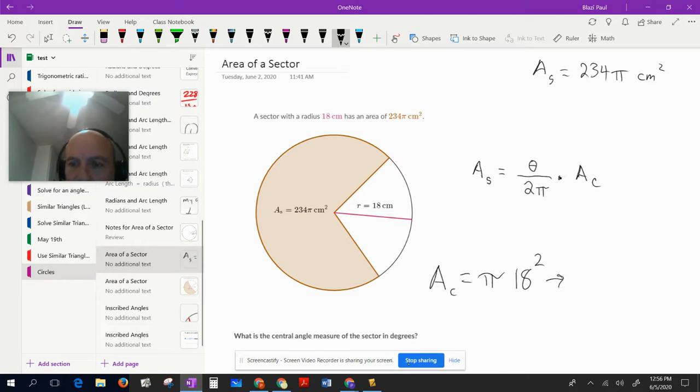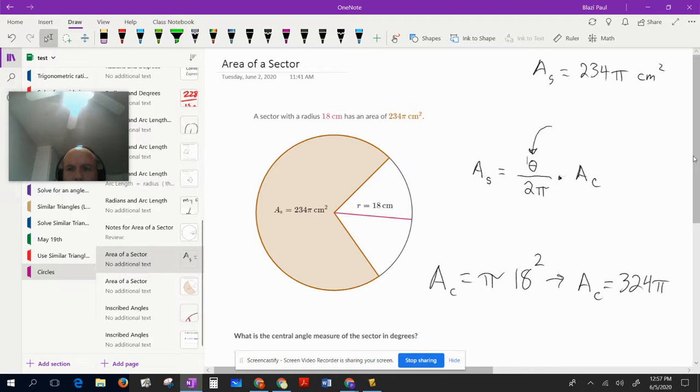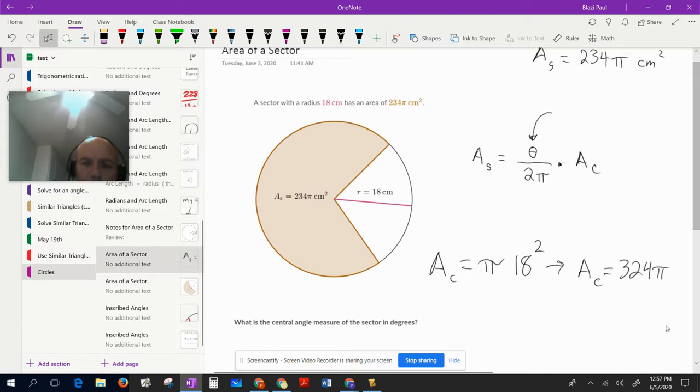I have it memorized. This is just 324 pi. So if I plug these values in, I'm going to be able to solve for what it's asking for. It's asking for the central angle. But you know, it's asking for it in degrees, isn't it?